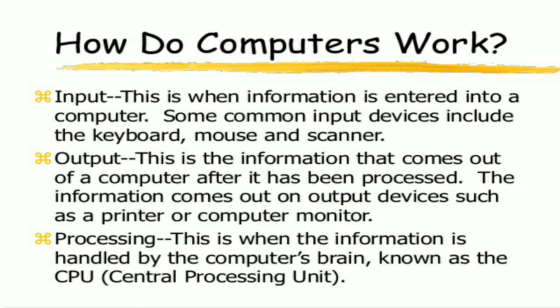Then output. This is information that comes out from the computer. With an input device, information is entered into the computer, and an output device is where information comes out of a computer after it has been processed, on an output device such as a printer or a monitor.